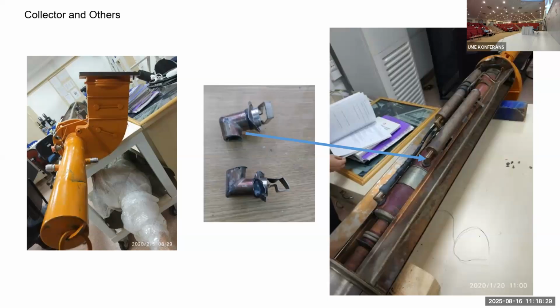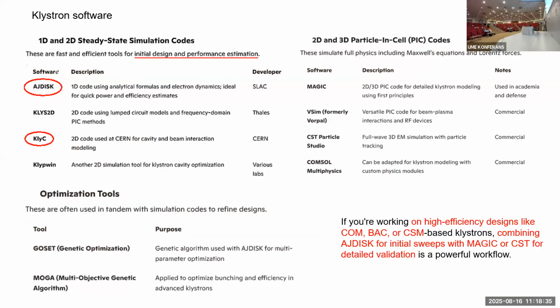These are the Klystron softwares. You know everyone. This is the HA disk.